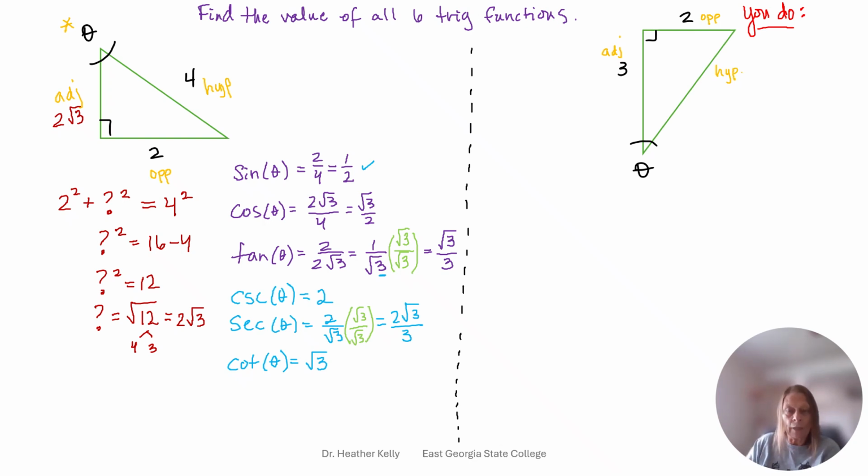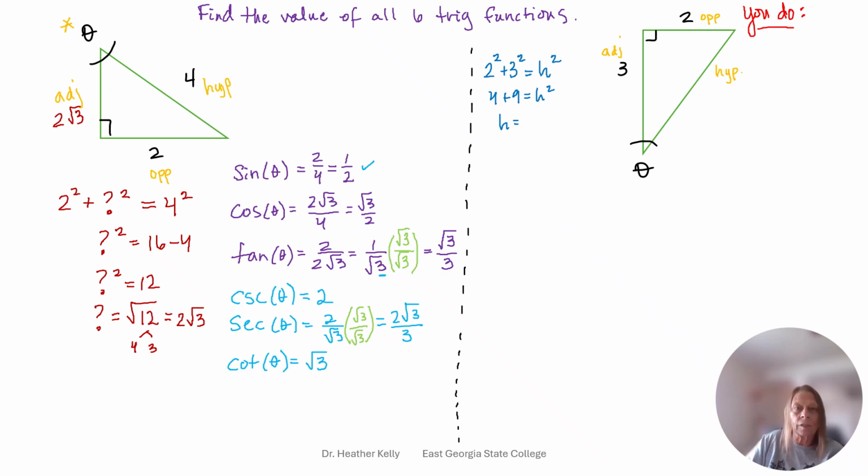Okay, I hope you labeled your sides in perspective of the angle and you got your adjacent and your opposite and your hypotenuse all correct. Let's go ahead and solve this. This is 2 squared plus 3 squared equals the hypotenuse squared. So we have 4 plus 9 equals h squared.